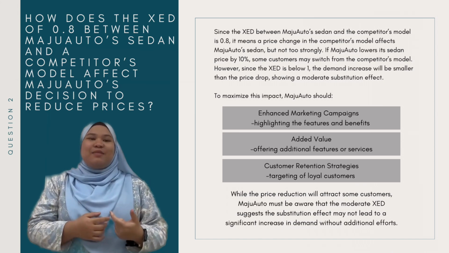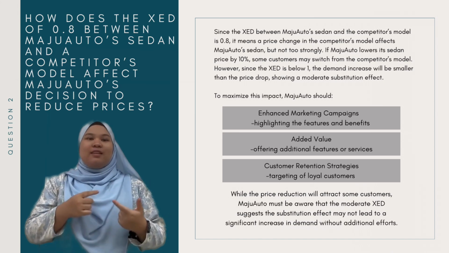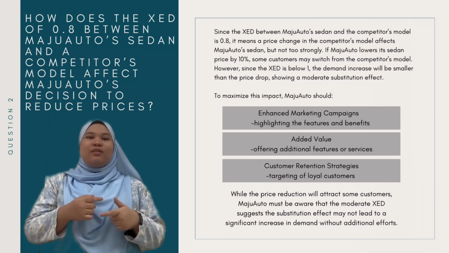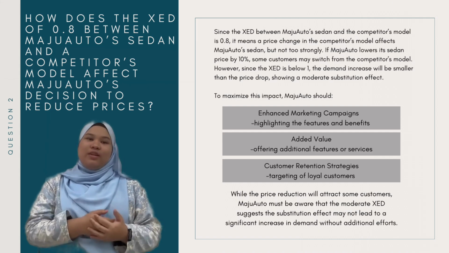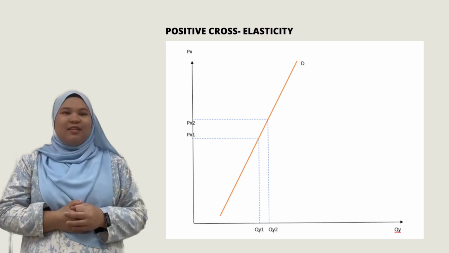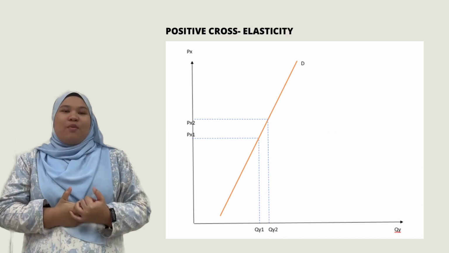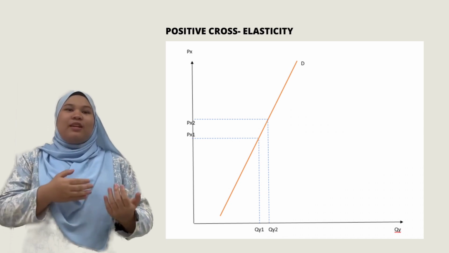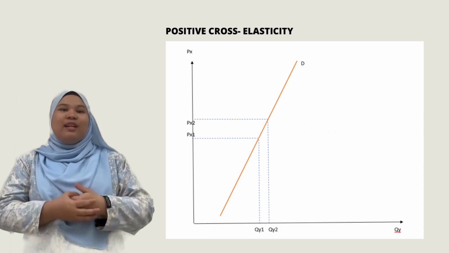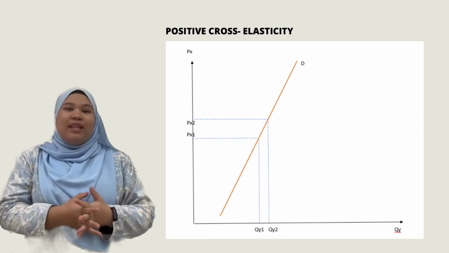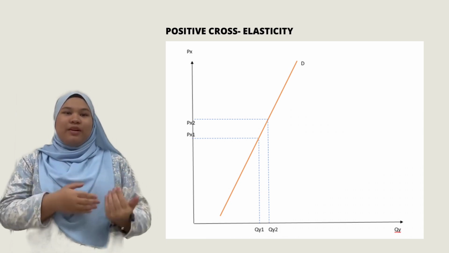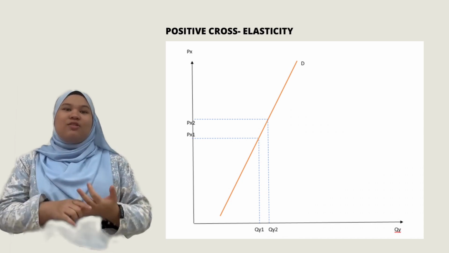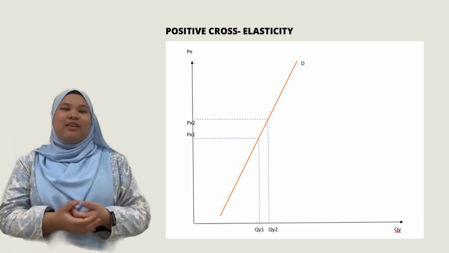Lastly, use customer retention strategies by targeting loyal customers with exclusive deals or trade-in offers. While the price cut will bring some new customers, the moderate XED means we can't rely on price alone. We need to combine it with marketing, added value, and retention strategies to see a bigger impact.